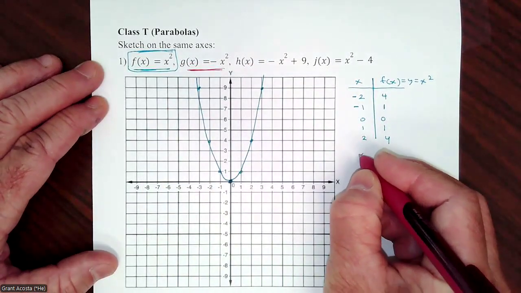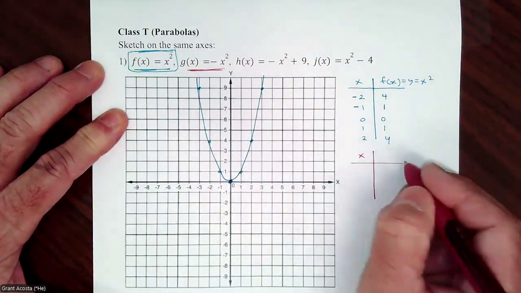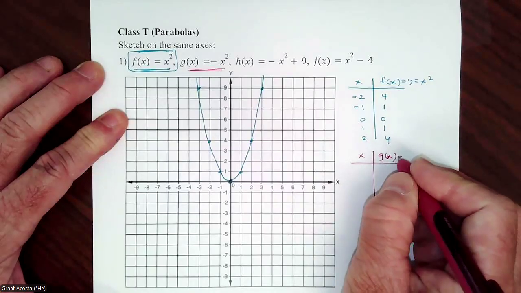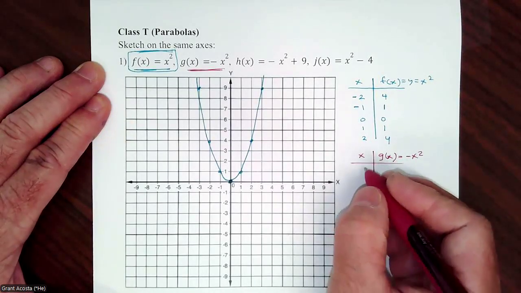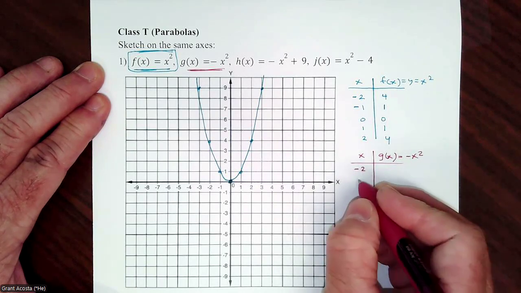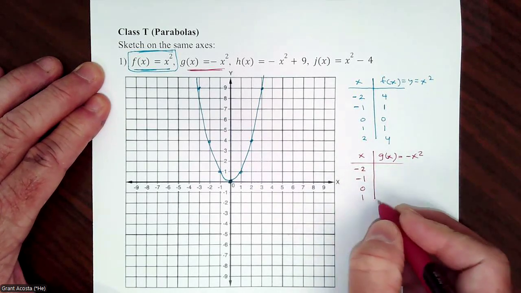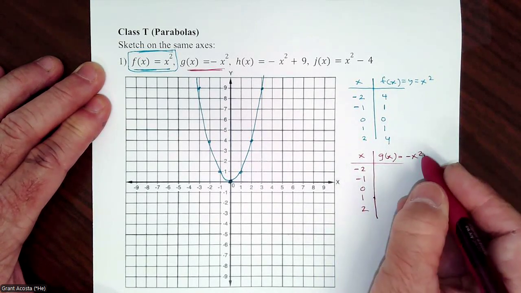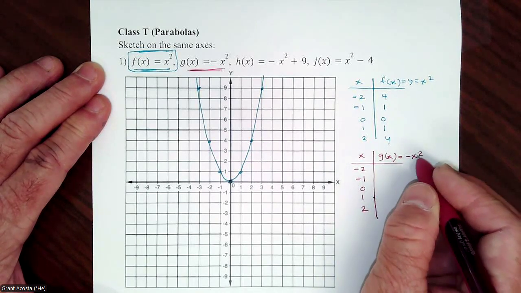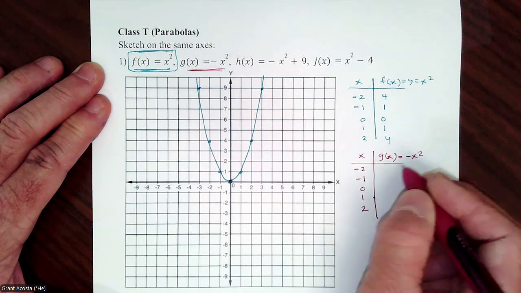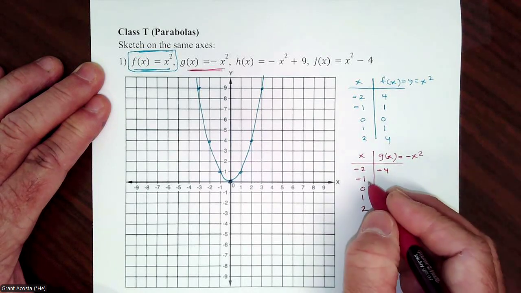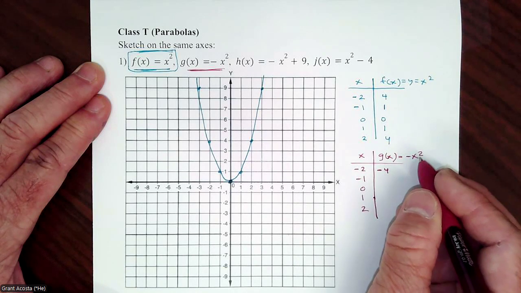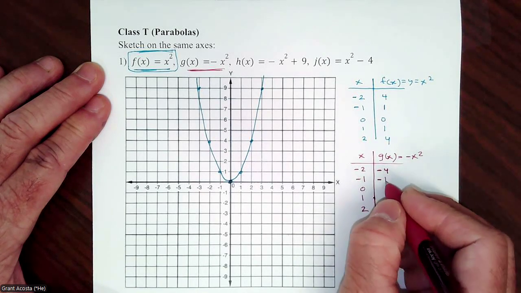If I want to graph g of x, which is just the negative of x squared, and I start plugging in the same values, if I take -2, remember the order of operations, you square it first, so that gives you 4, but then I apply the negative. That's going to give me -4. -1 squared is 1, but then I apply the negative, that becomes -1.